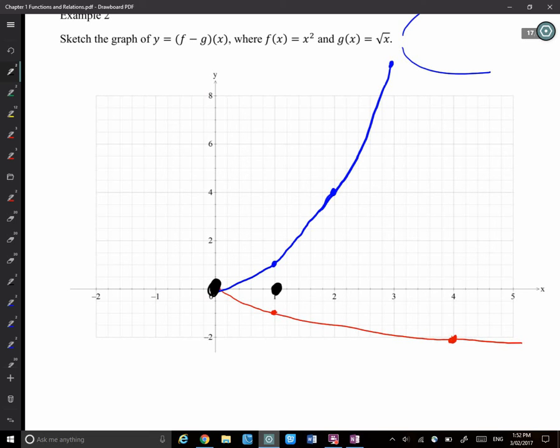It increases, but very slowly. But think about the behavior of x squared: 1 to 1, 2 to 4, 3 to 9, 4 to 16. Really quick. So this increase is actually much bigger than this increase. So this distance is always larger than this distance. See the distance difference?